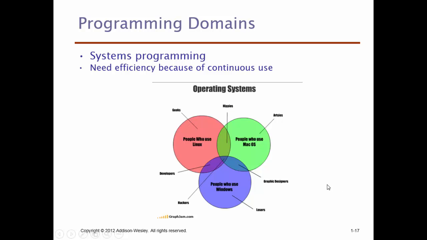The next area for programming languages is the domain of systems programming. The operating system and the programming support tools of a computer system are commonly known as its system software. Systems software is used almost continually, and so it must be efficient.